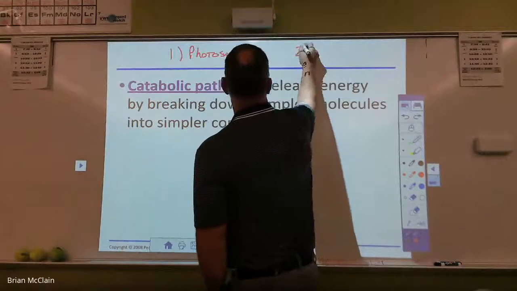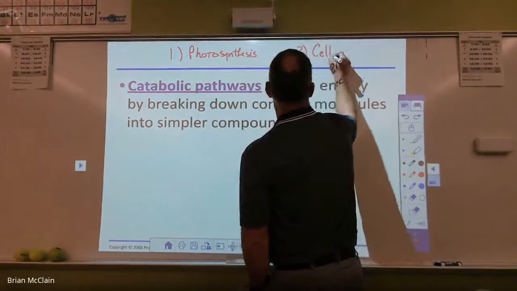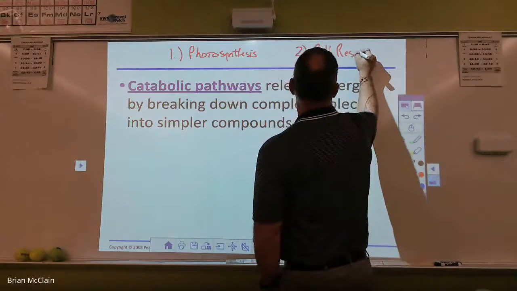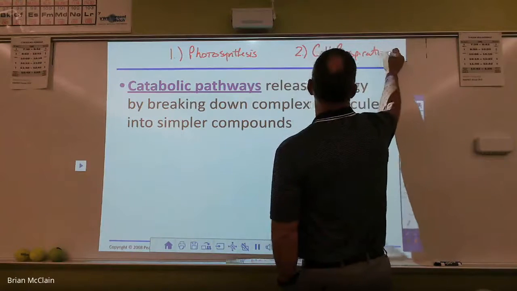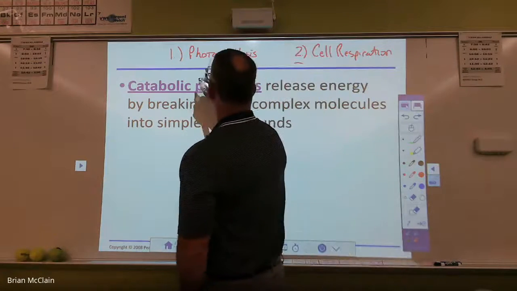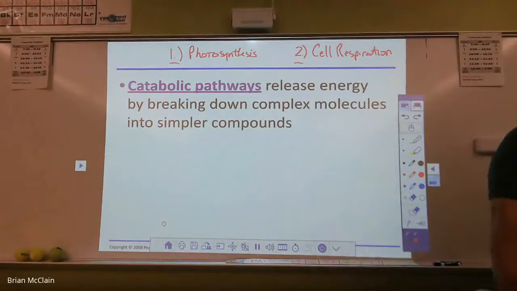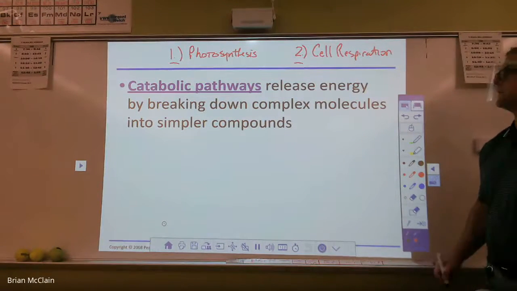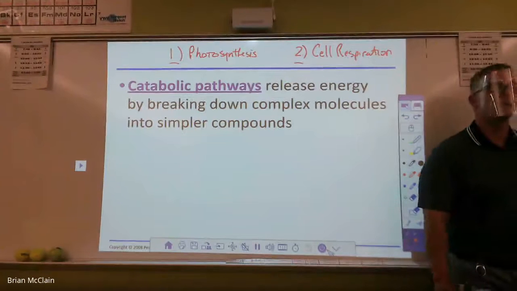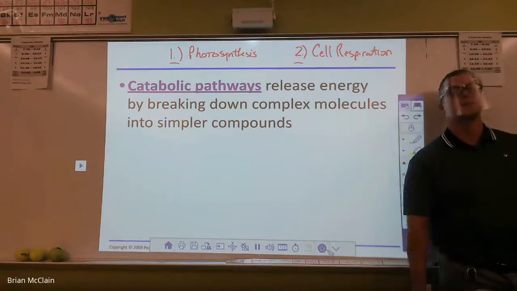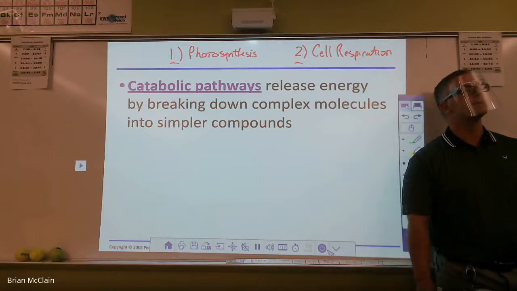And number two, cell respiration. So let's use those two examples, respiration and photosynthesis. Which of those processes is catabolic?